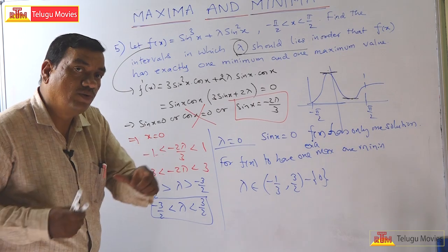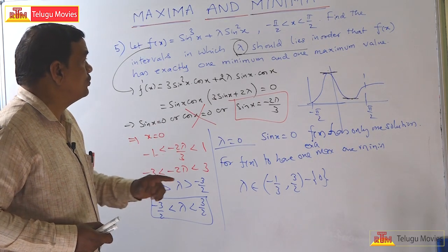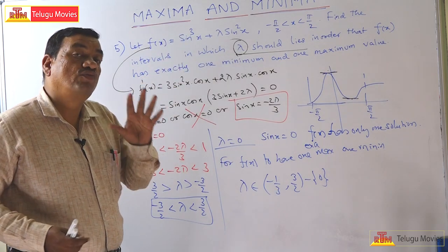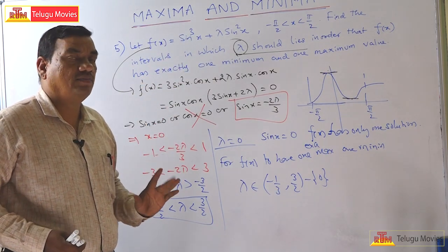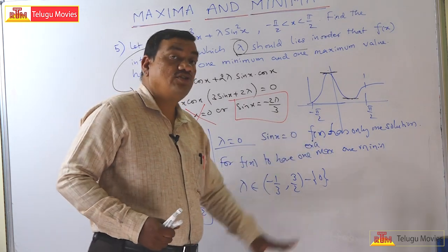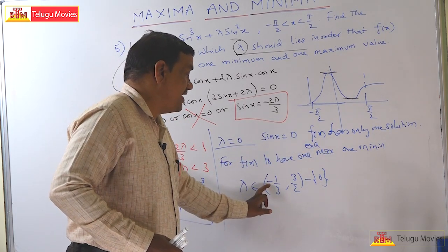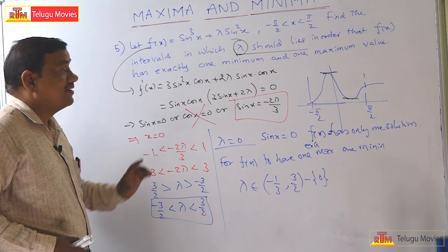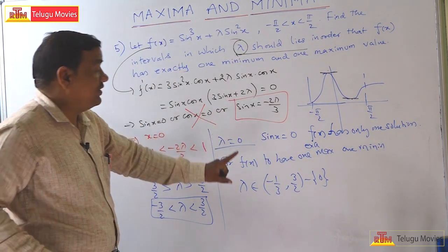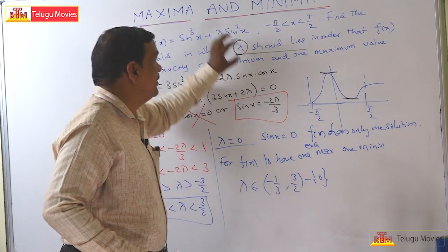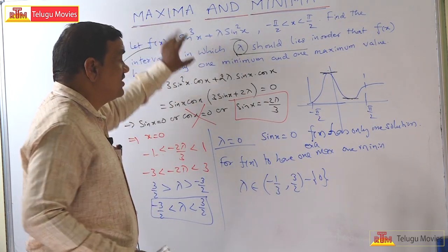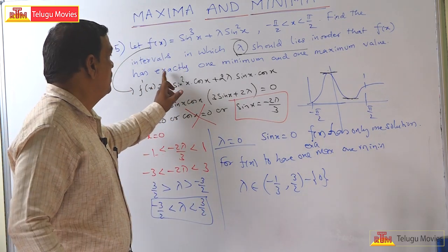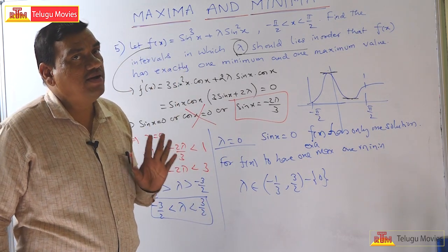Because at 0, if lambda is equal to 0, only sin cube x will be there, and sin cube x will have only one maximum value or one minimum value. But if you remove that 0, then for any value between minus 3 by 2 and 3 by 2, the function will have exactly one maximum and one minimum value.